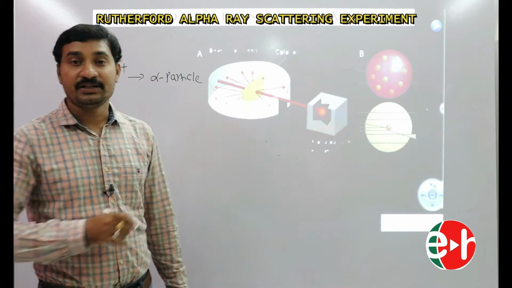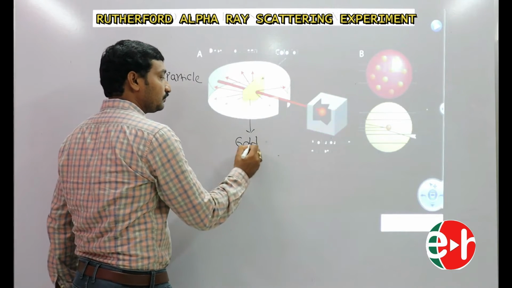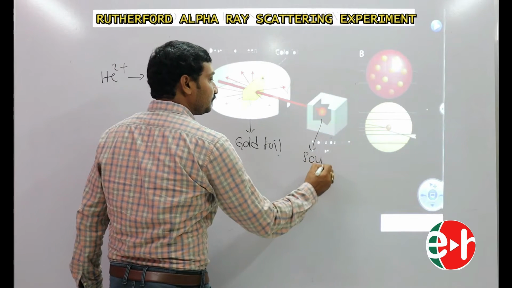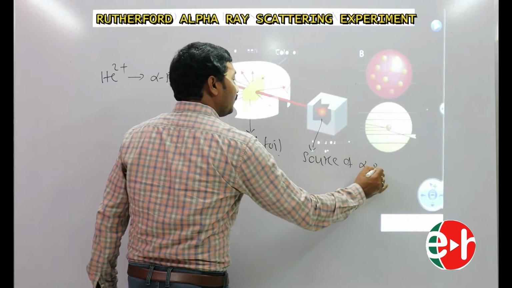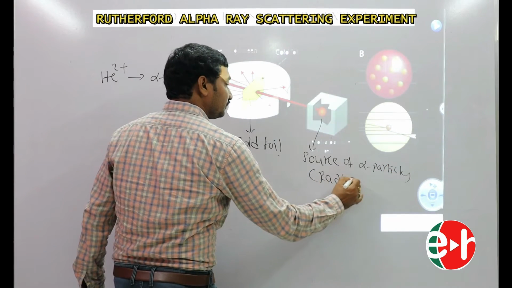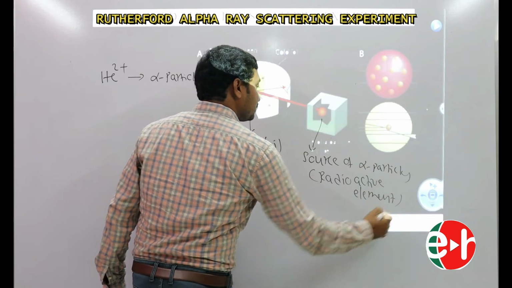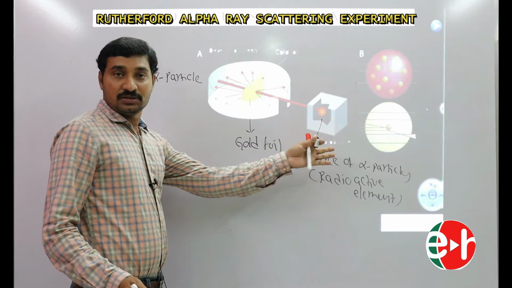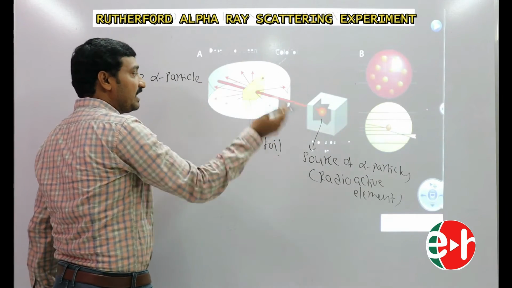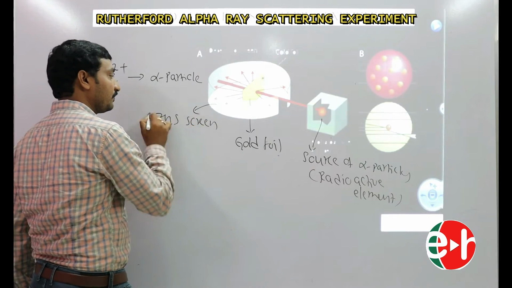Now coming to the experiment. In this experiment, he took one gold foil, and this is a source of alpha particles, which is a radioactive element. That means alpha particles come from a radioactive element, and this gold foil is surrounded by a zinc sulfide screen.